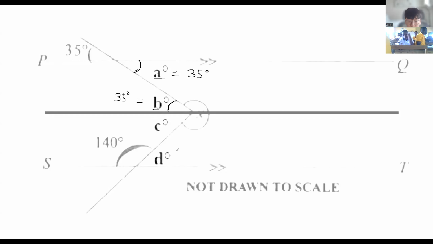What about the angle D here? How do we find D?